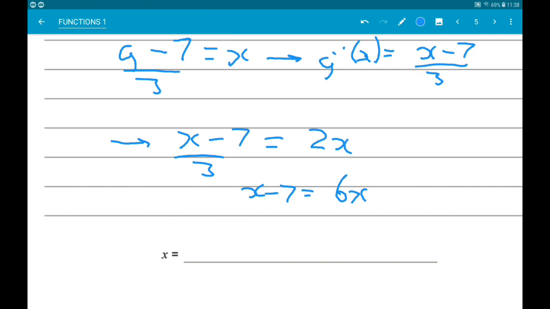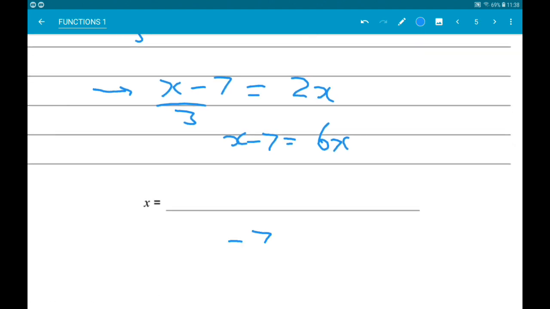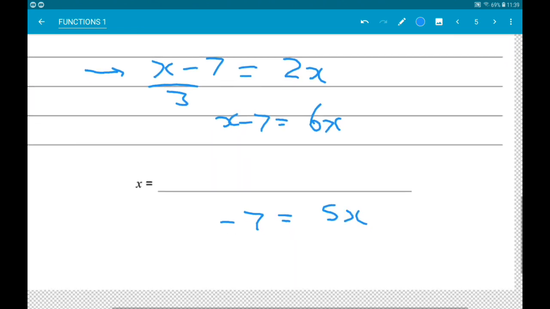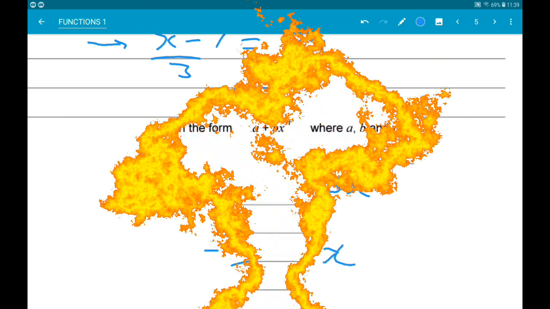Take away an x, we get minus 7 is equal to 5x. And then finally, divide by 5, minus 7/5 is x.